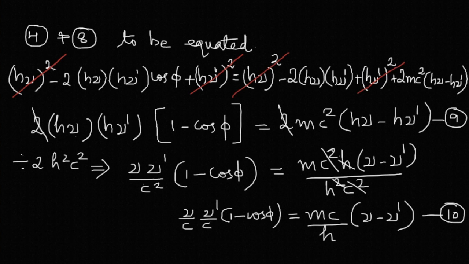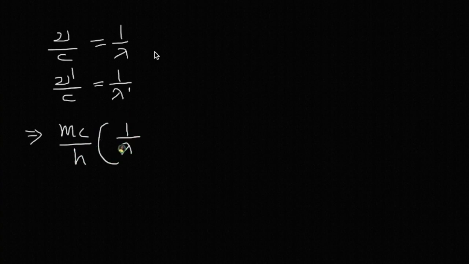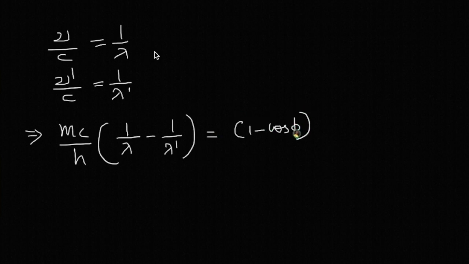So using nu by c equal to 1 by lambda and nu prime by c equal to 1 by lambda prime, we get the expression mc by h into 1 by lambda minus 1 by lambda prime is equal to 1 minus cos phi by lambda into lambda prime. Equation 11.